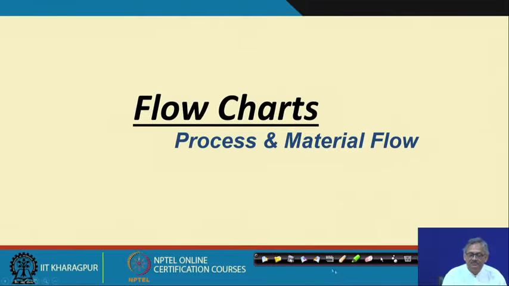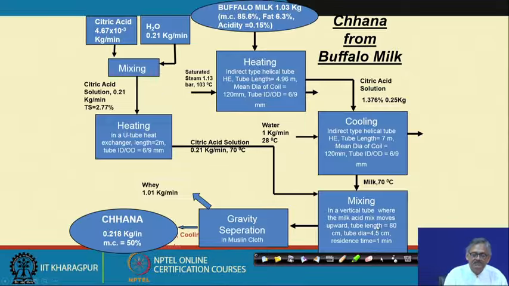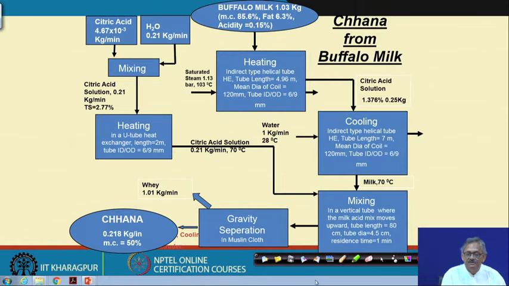So, flow charts, process and material flow. In this first one, we have chana from buffalo milk. We had taken buffalo milk, and from that we have quantitatively formed chana.